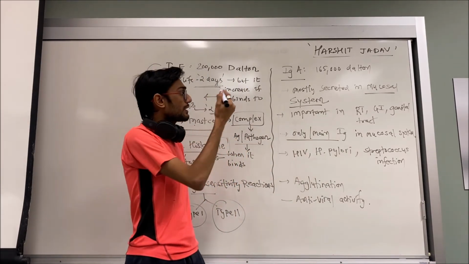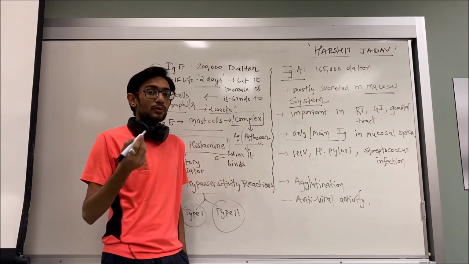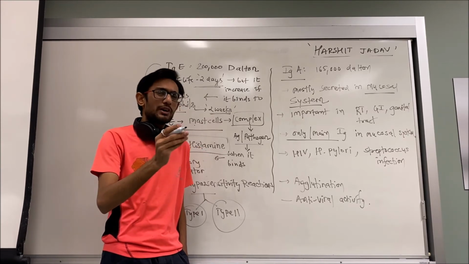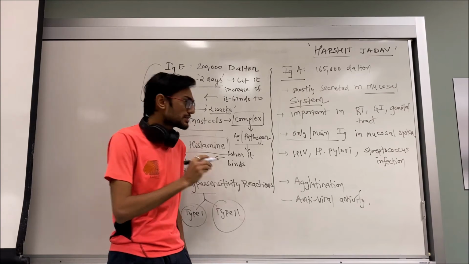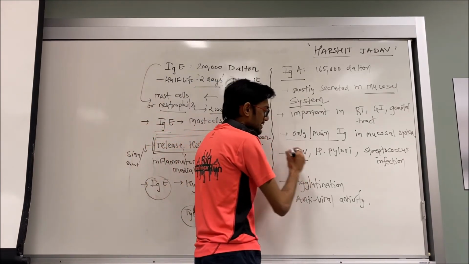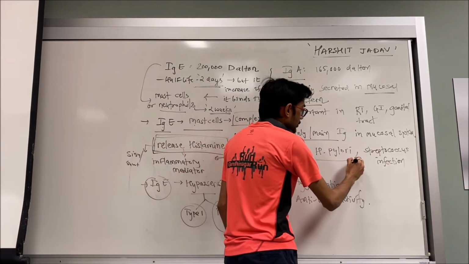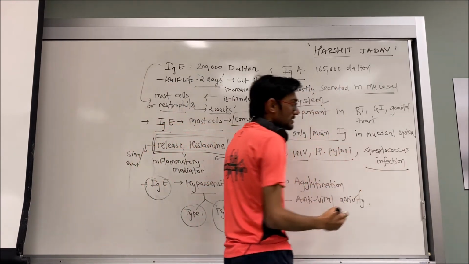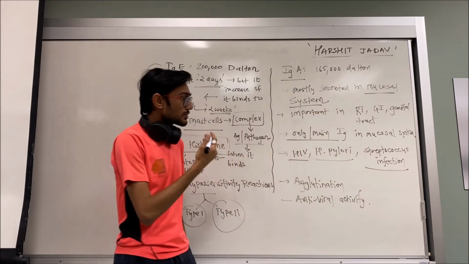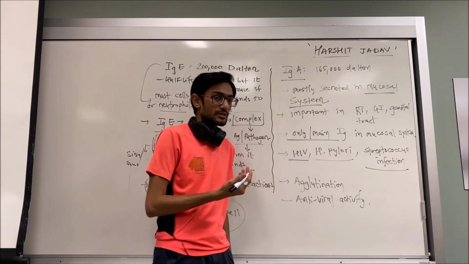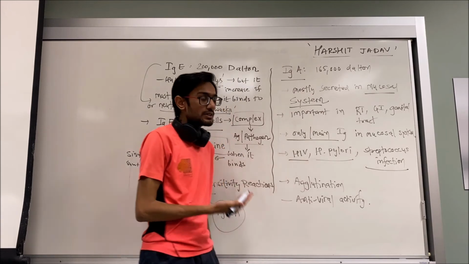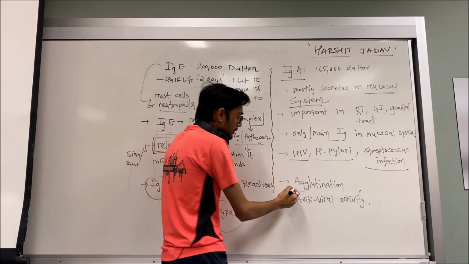What is the function of IgA? It is useful in very few diseases. First is HIV, second is Helicobacter pylori infection. Also in streptococcus infection, there are several diseases caused by streptococcus. So in this kind of bacterial or viral infection, we can find it. It has agglutination action.